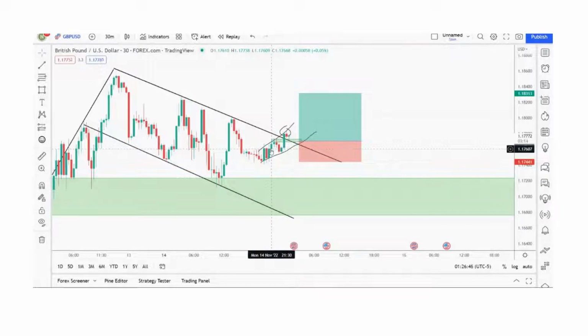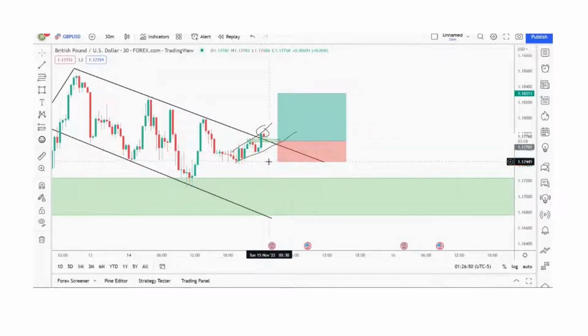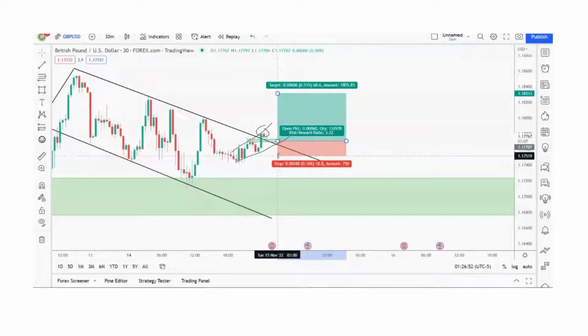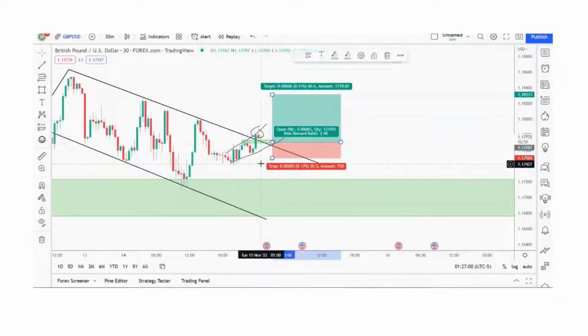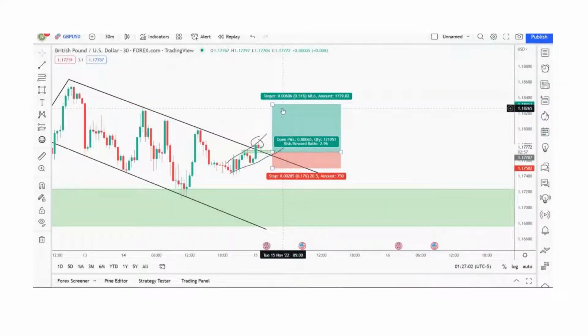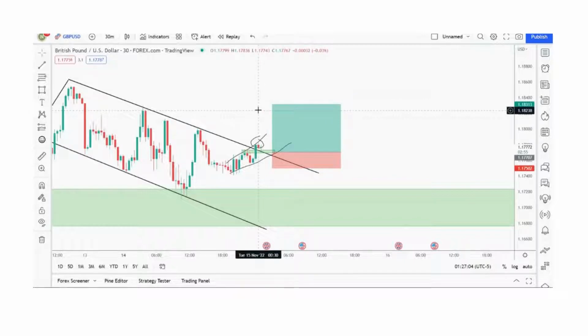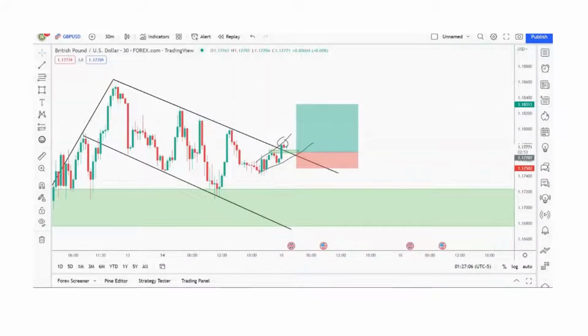We don't want to break out and then have price break down inside of where we just were. That's just not following the momentum that I like to trade. So we're going to have about a 15 pip stop loss here. We'll do 20 pip stop loss, a perfect 3-to-1 risk reward ratio on this trade.